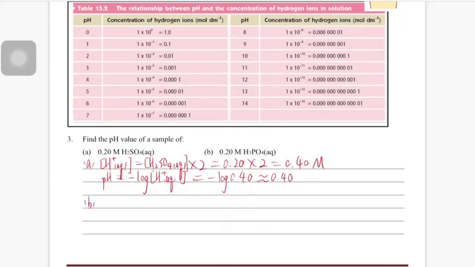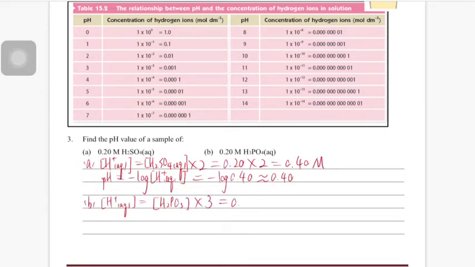And for part B, now we have H3PO4, phosphoric acid. So it's tribasic. That means the hydrogen ion concentration should equal the concentration of the phosphoric acid multiplied by 3.